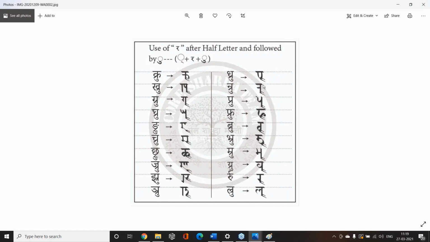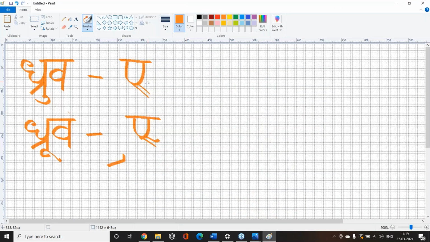Here, for example, you will see that the dha doesn't have enough space to accommodate these two matras together below. So this is also one way of writing it. And another one, if you don't have enough space, what you can do is just extend a little stroke here, then you attach matra ra to it, and then you have enough space to attach the other one.